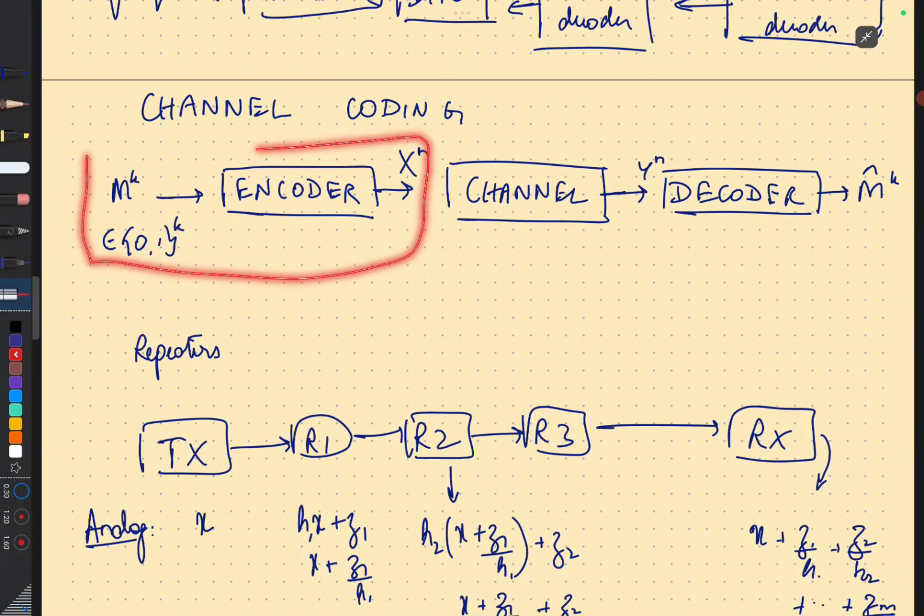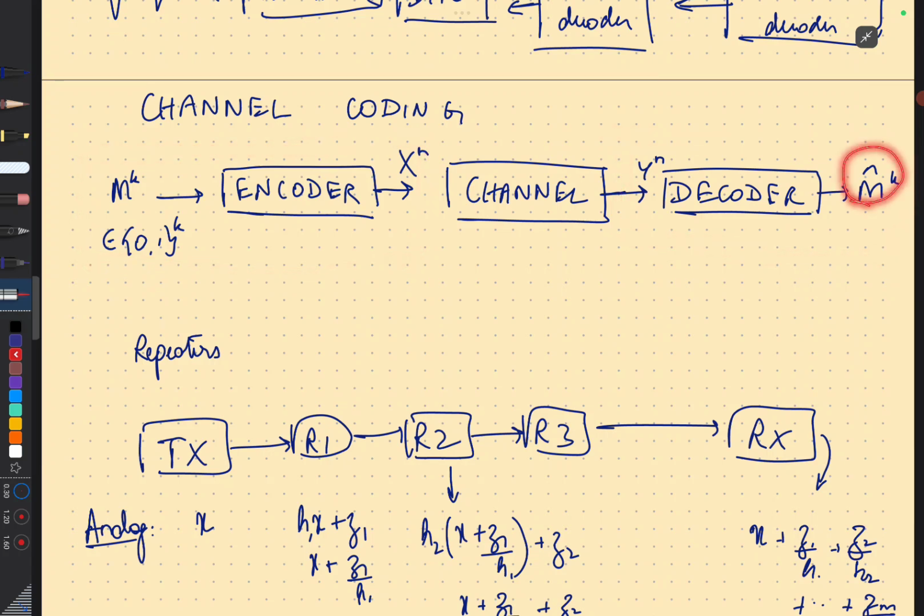How do we design this encoder and this decoder so that you're able to recover M as reliably as possible? That is the channel coding problem. Design an encoder and a decoder such that you can recover M as reliably as possible while making as few uses of the channel as possible.